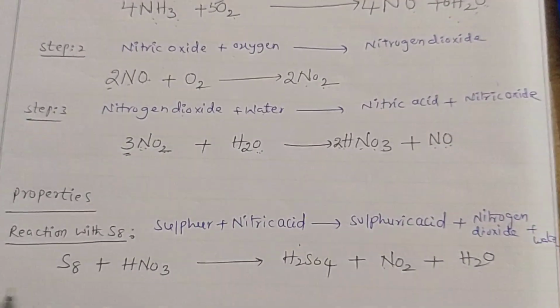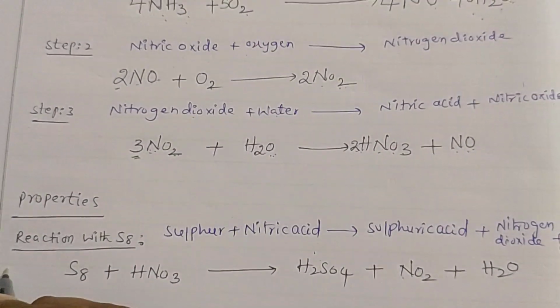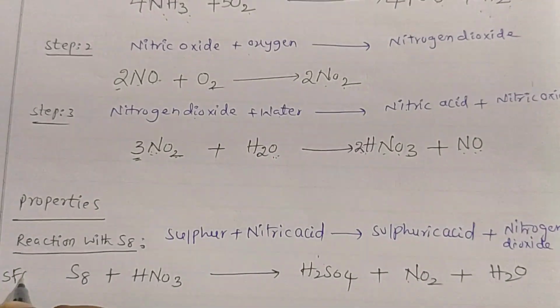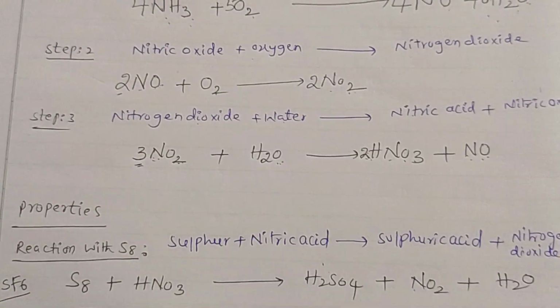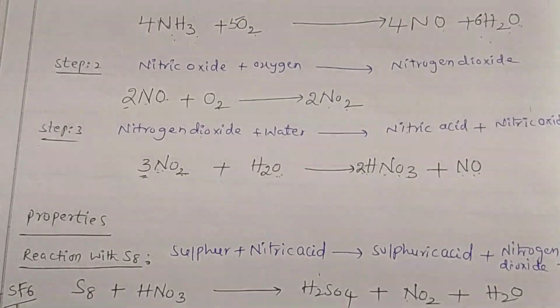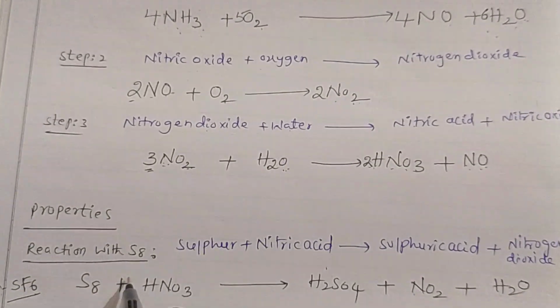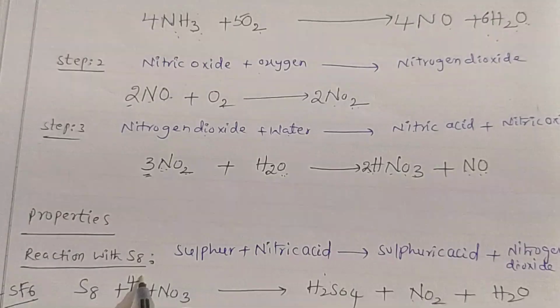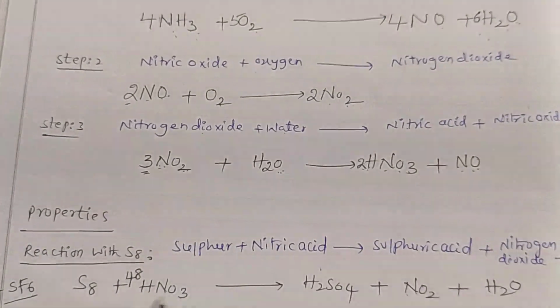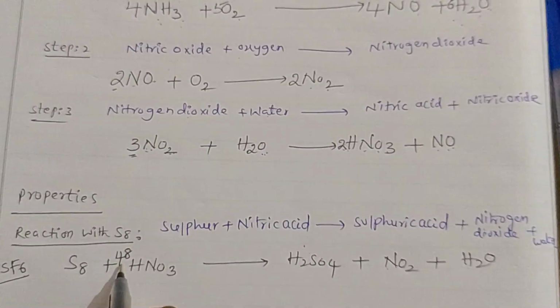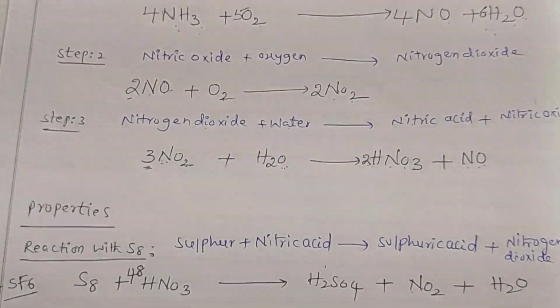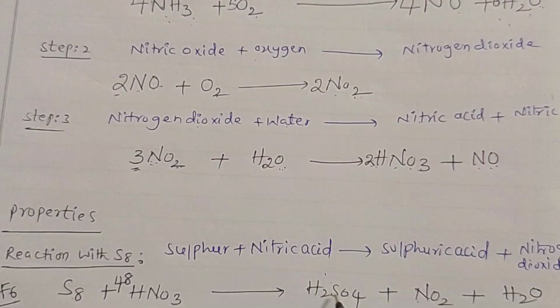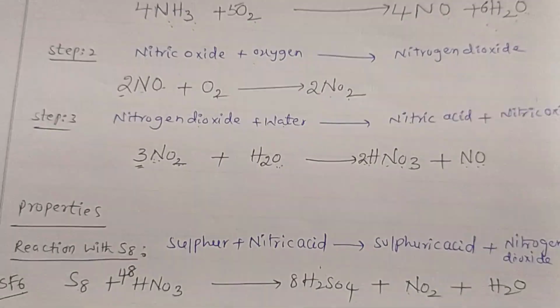So balance the equation. Sulfur forms a maximum of 6 bonds, so the maximum valence is 6. So 8 sixes are 48. So you should remember the coefficient for nitric acid is 48. Now balance the sulfur: 8 sulfur here, only 1, you put 8 here.